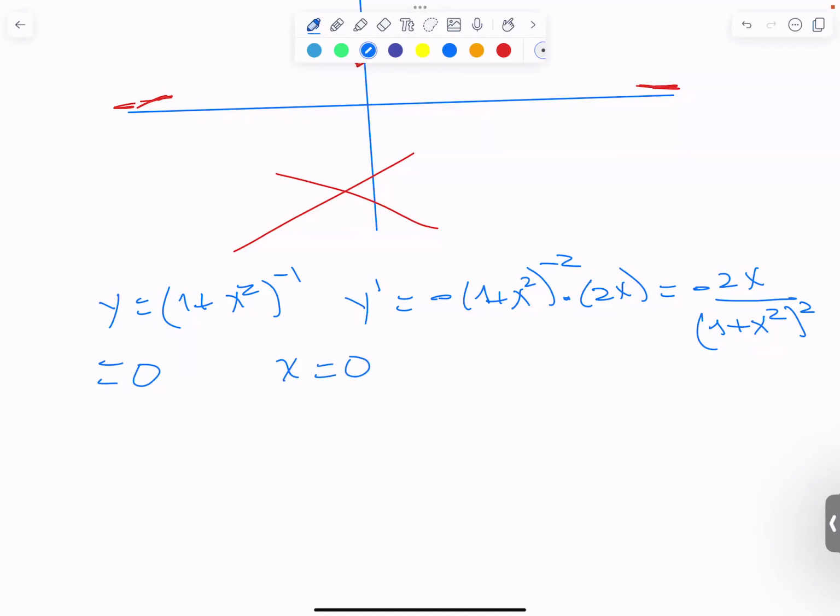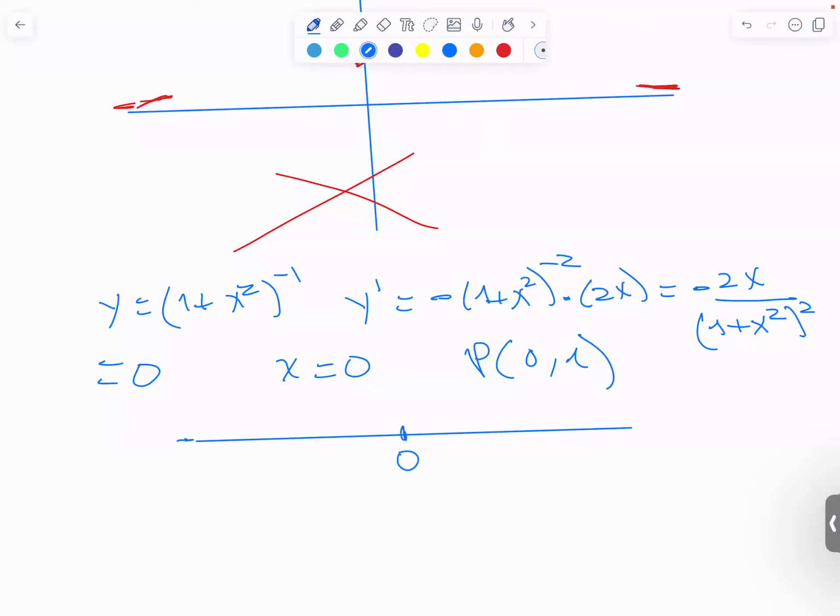And then we're going to do the line test to see if that point, (0, 1), is a maximum or a minimum. Let's see the line test with 0 here.